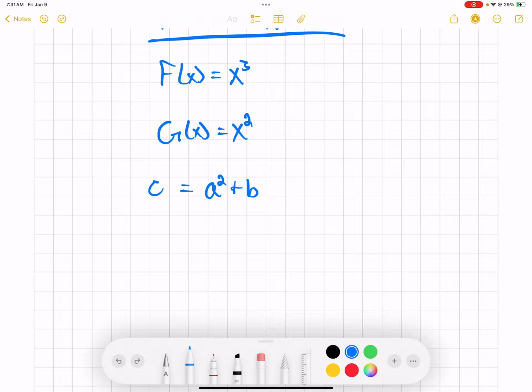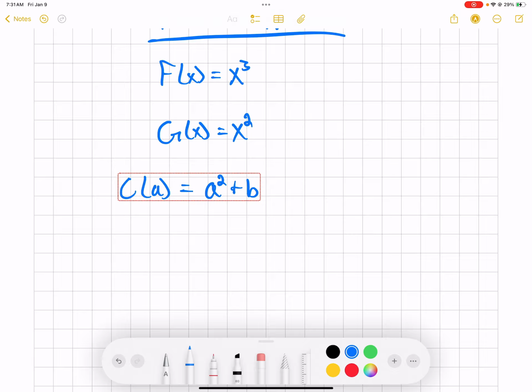I communicate that with function notation. Instead of saying C equals A squared plus B, I'm going to label this function C of A. So rather than just calling it C, I'm going to call it C of A.